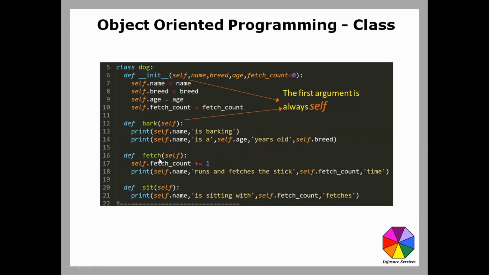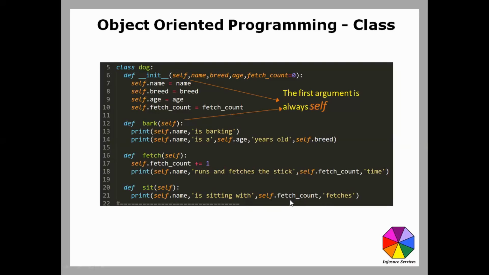In other languages like Java, they call it setters and getters. If you use an IDE, it will generate the setter and getter methods. But here it's the same concept. We are setting fetch count, and when you get, you're reading self.fetch count. For example, self.age and self.name are reading the value.